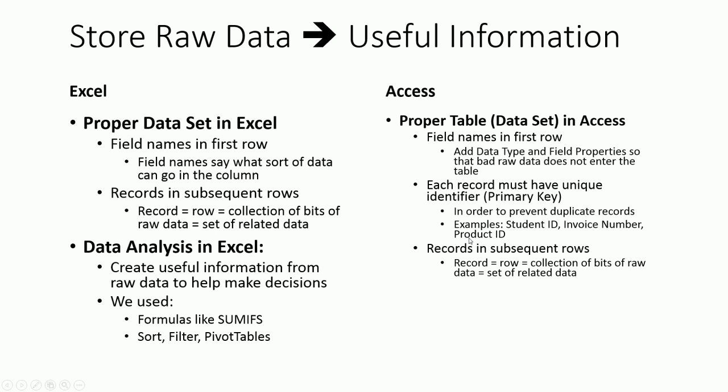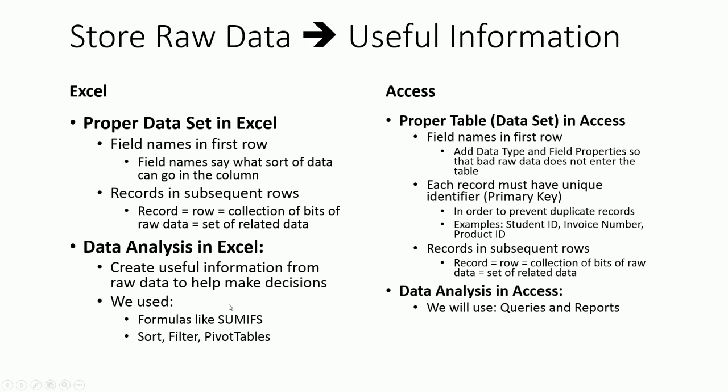We'll also have records in subsequent rows, of course, just like we did in Excel. And we'll do data analysis. We will use something called a query. We will build our queries. That's where we ask a question of our raw data, like calculate GPA for business students, or give me the list of all of the students in Business 216. Remember, over in Excel, we did sorting, filtering, pivot tables.